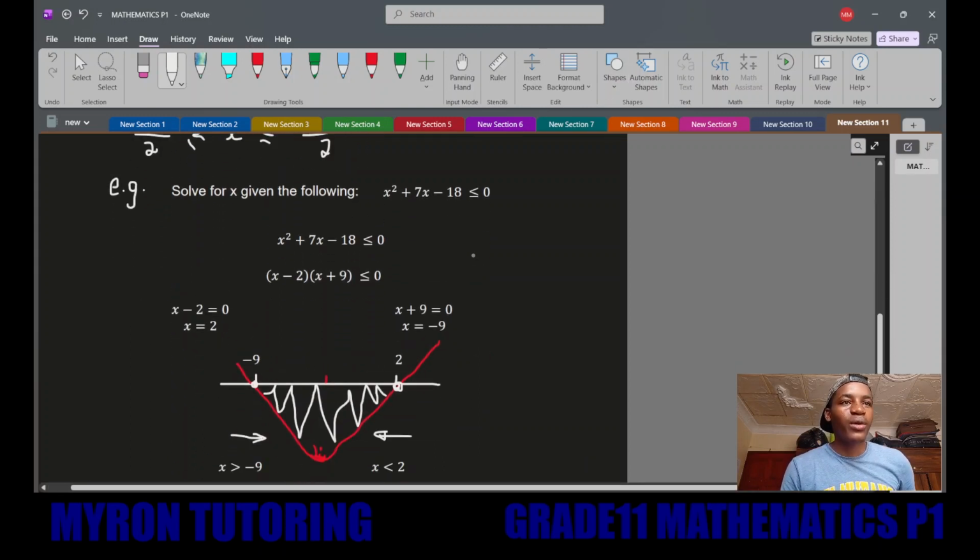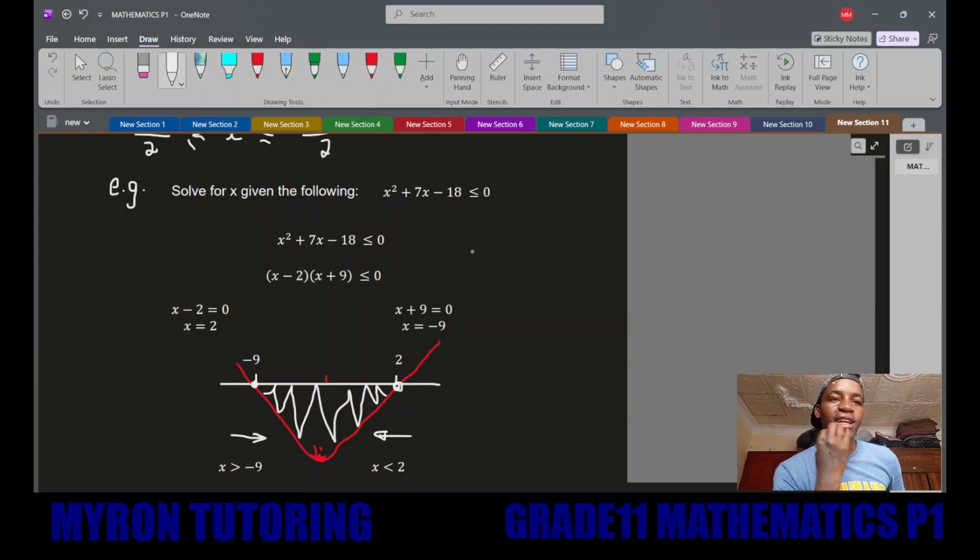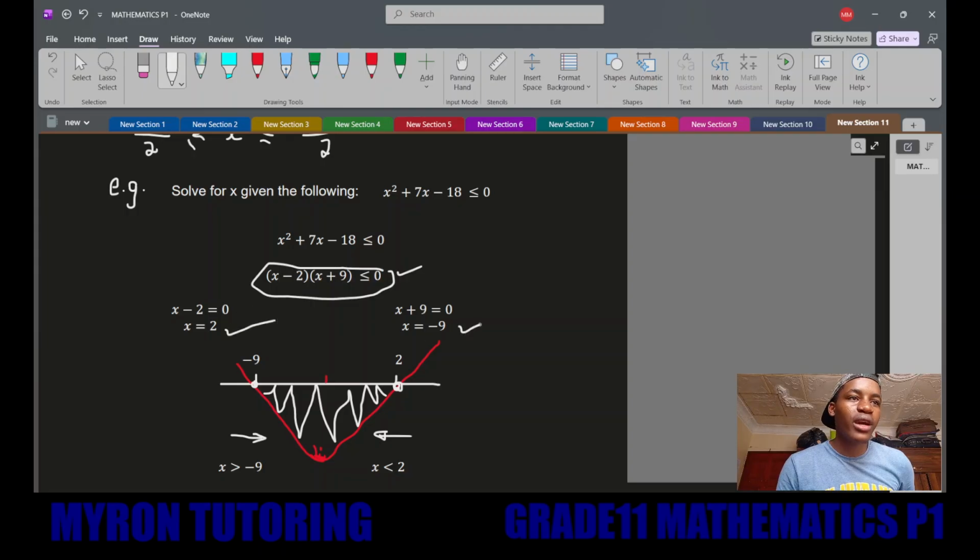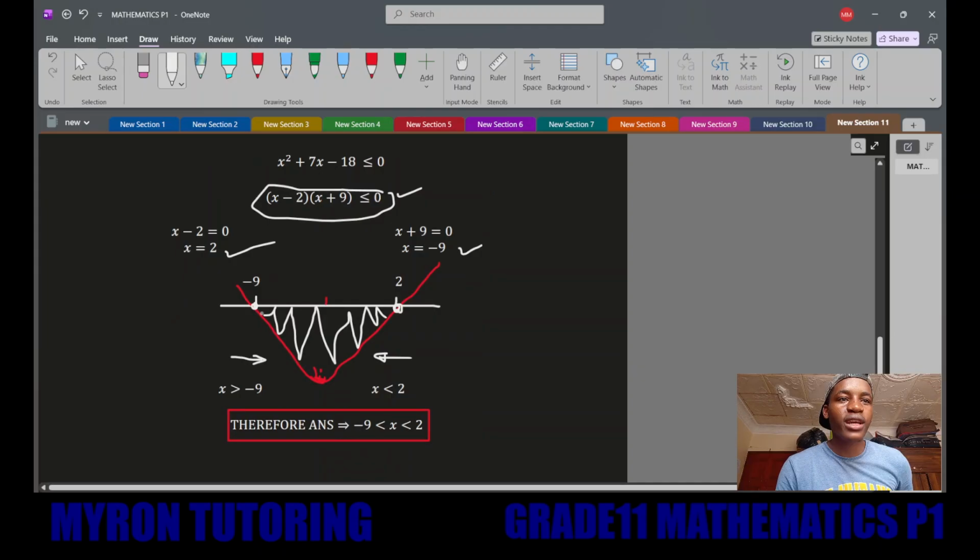So yeah, we are also asked to solve for x, given that x squared plus 7x minus 18 is less than or equals to 0. We do the same steps. First step, factorize, find critical values, x is equals to 2, x is equals to negative 9, place them on that number line, sketch the graph.